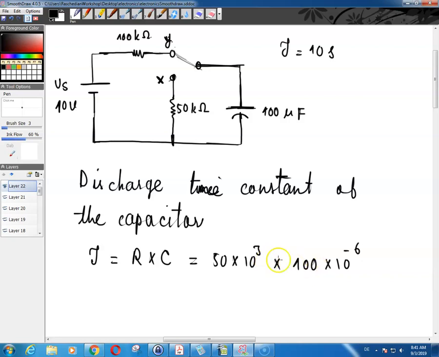That's 10 raised to the power 5 times 10 raised to the power negative 1, and that would be 5 seconds, discharging through the 50 kilo ohm resistor.